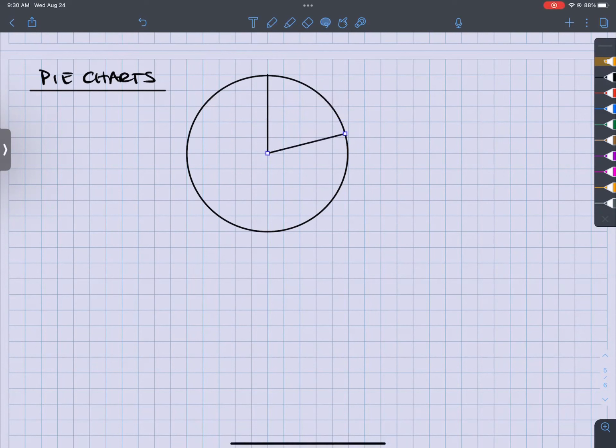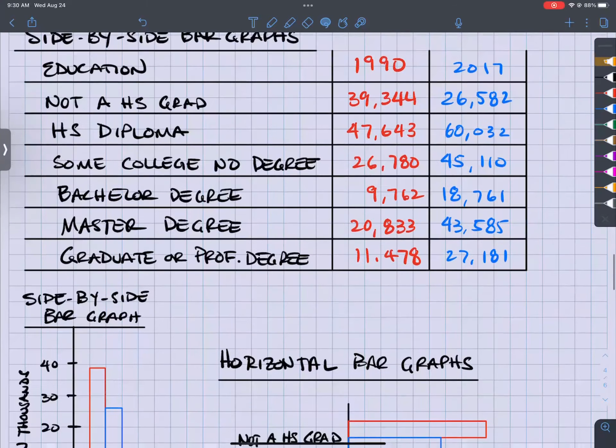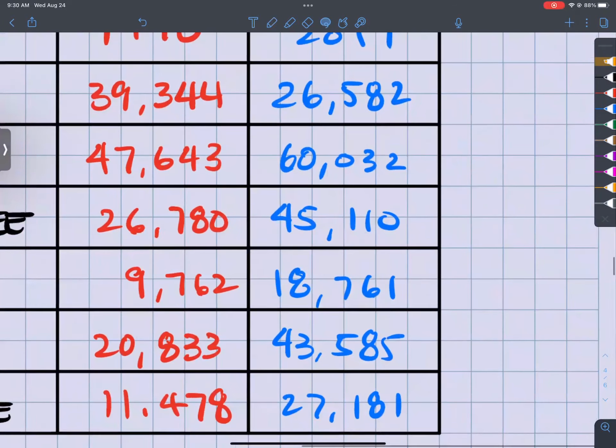So how would I know where to put these lines? Well, how big of a piece of pie should each thing have? Because if we look at 2017, all these numbers are different, right?